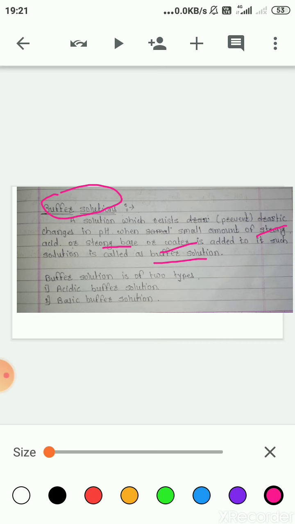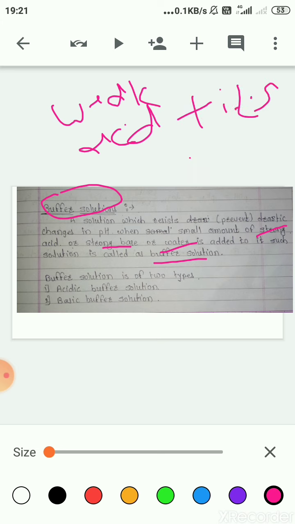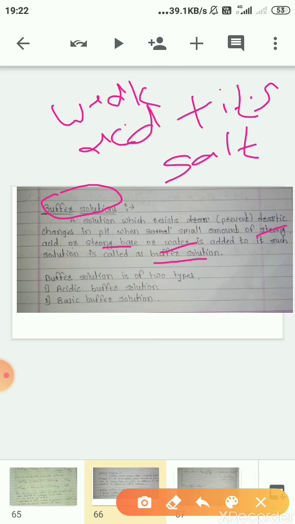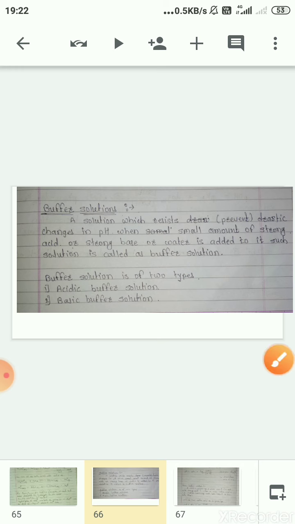If we take any weak acid and its salt, such solutions are called acidic buffer solutions. Or simply, we can take any weak base and its salt, such solutions are called basic buffer solutions.